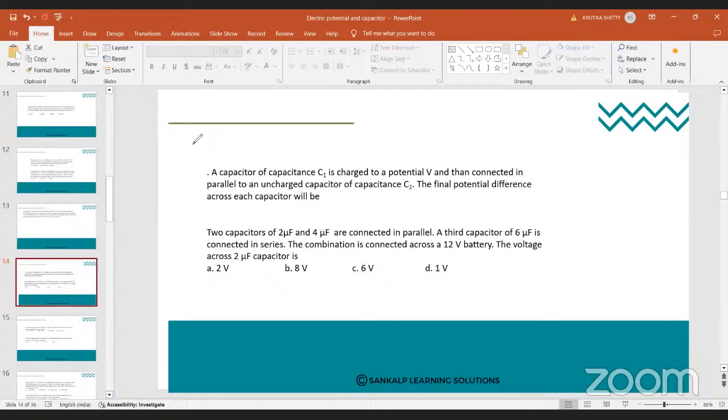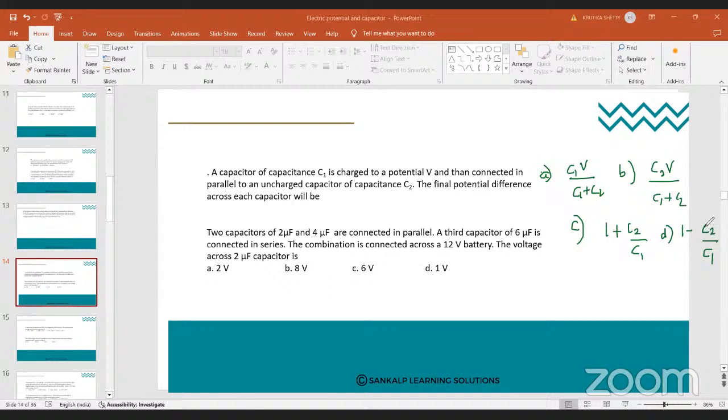Option A is C1 V divided by C1 plus C2. Option B is C2 into V divided by C1 plus C2. Option C is 1 plus C2 divided by C1. Option D is 1 minus C2 divided by C1.